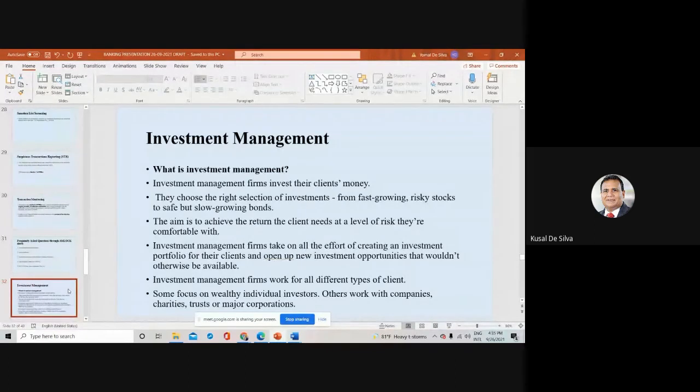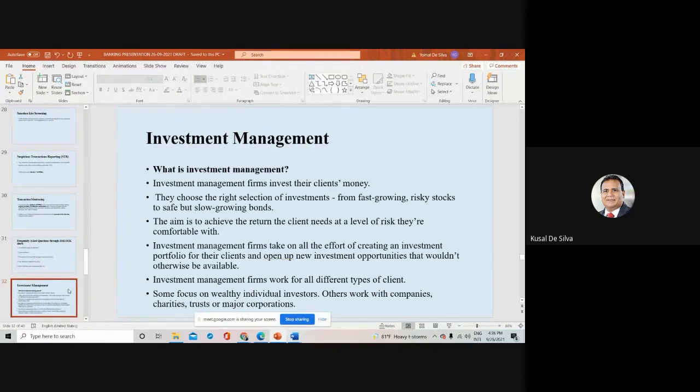They want high risk, high return, but some are risk averse personalities, so they don't want to take risk, but their return is also low. The investment manager needs to identify the risk appetite of the customer. It is very, very important.